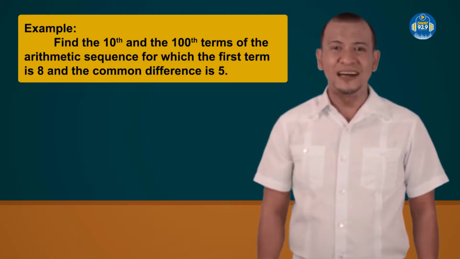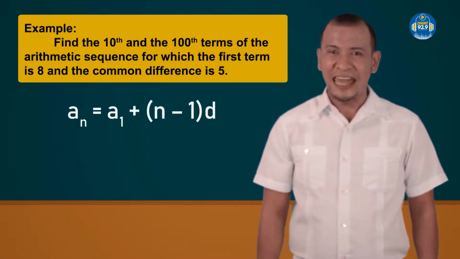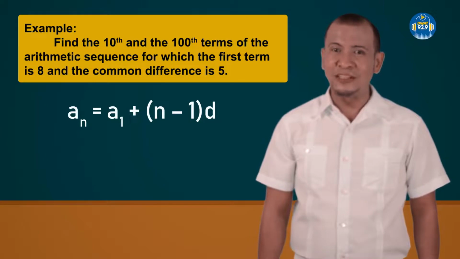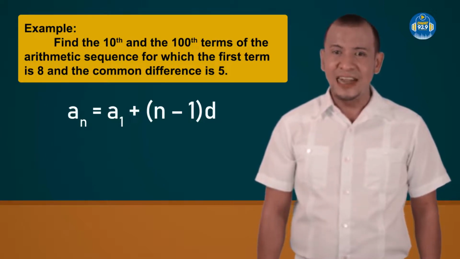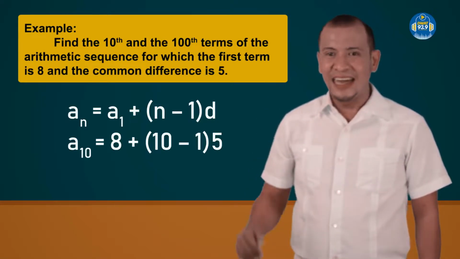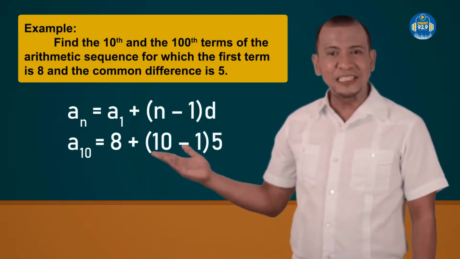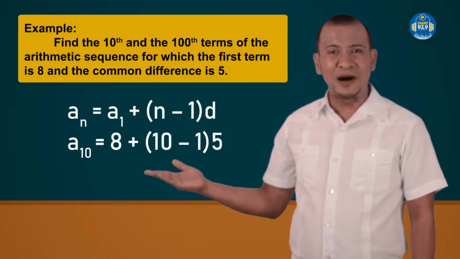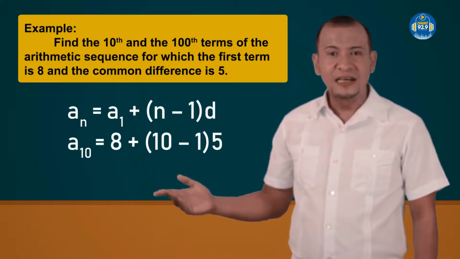By the formula, a sub n equals a sub 1 plus n minus 1 times d, and by substituting the given values, we have a sub 10 equals 8 plus 10 minus 1 times 5.